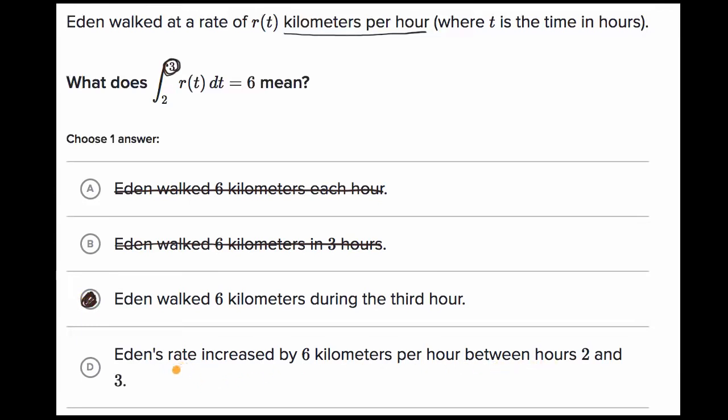So let's be very clear. This right over here isn't a rate. This is the area under the rate curve. That's what this definite integral is representing. And so this isn't telling us about our rate changing. This is telling us how the thing that the rate is measuring the change of changes from time 2 to time 3. So we would rule that out as well.